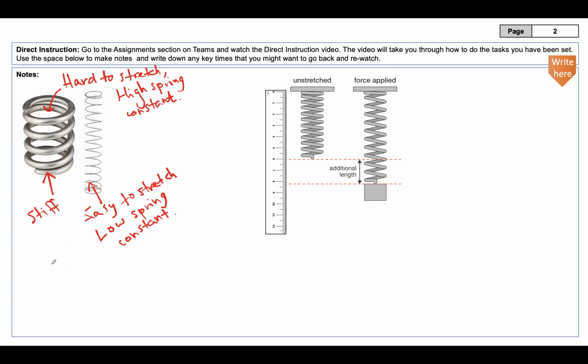So your elastic potential energy, we mentioned this yesterday, or the day before yesterday, sorry.